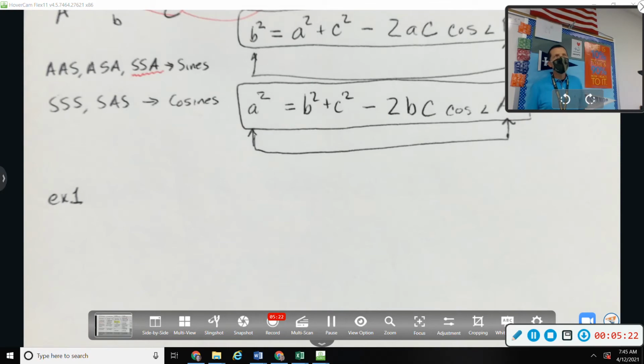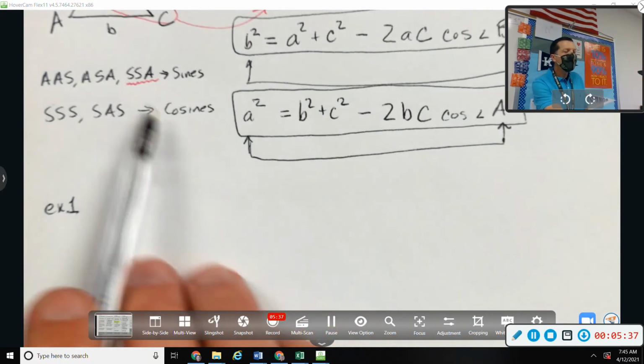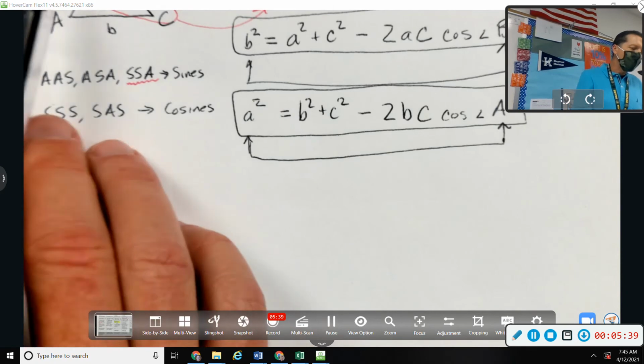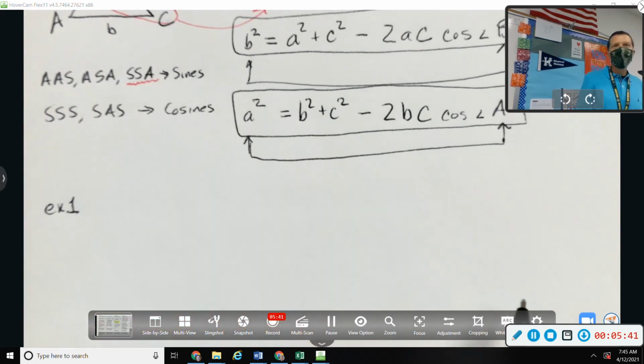So again, I'm talking about how to pick which one to use. Today you don't really have to pick because it's law of cosines day, so they're all law of cosines problems. But eventually you have to know which one to use. The easiest way, though, is not to memorize this. The easiest way is if you know an angle-side pair, use law of sines. If you don't know an angle-side pair, use law of cosines.